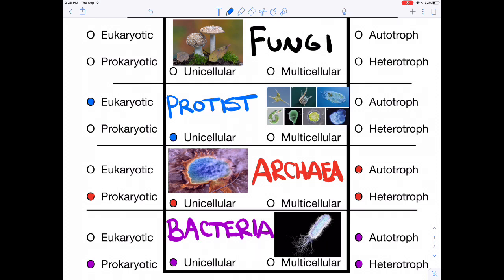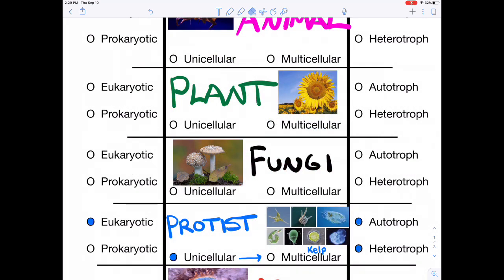These organisms are very unique in that they can be autotrophic, heterotrophic, or a combination of the two. They can be both at the same time. There are some protists that can be multicellular, and it's only really one type of protist, and that protist is kelp. Kelp is a multicellular protist that grows in the oceans.